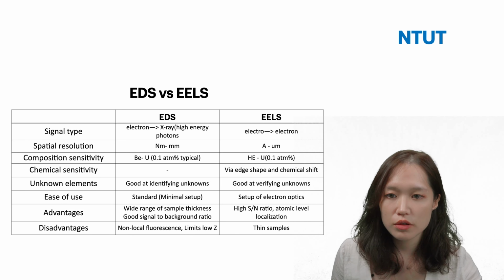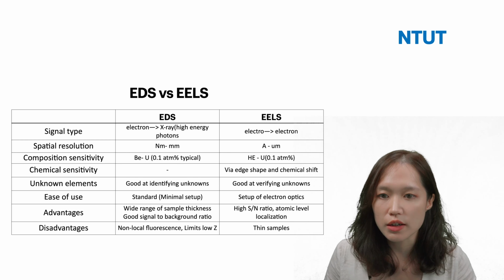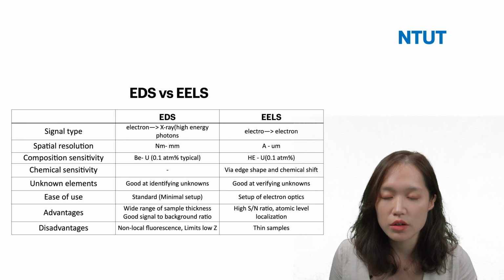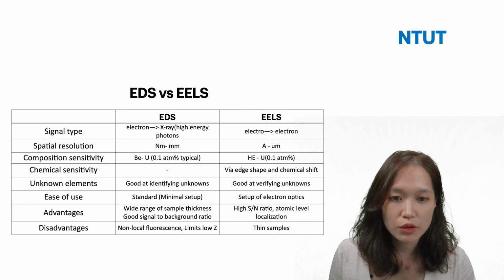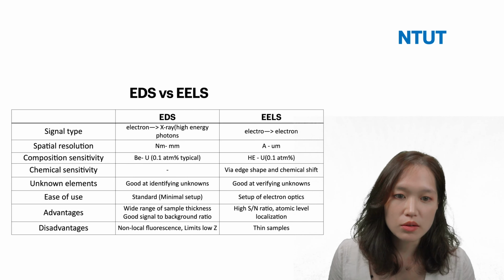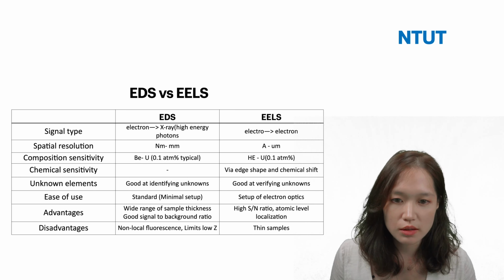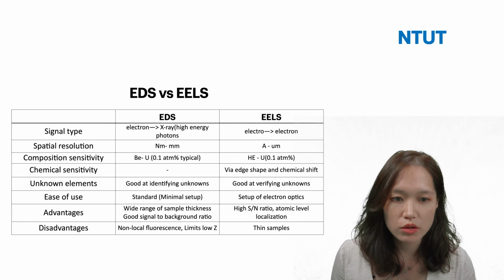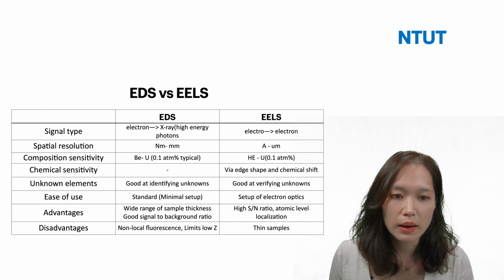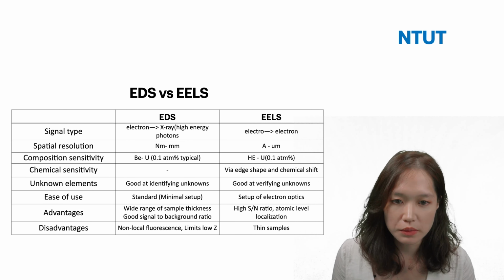But of course, one thing just never forget is the main problem with EELS, if you're trying to use it, is that it has to be really, really thin. Because as the sample thickness increases, there is a strong interaction of the primary electrons within the sample, resulting in the electron undergoing many energy loss events.